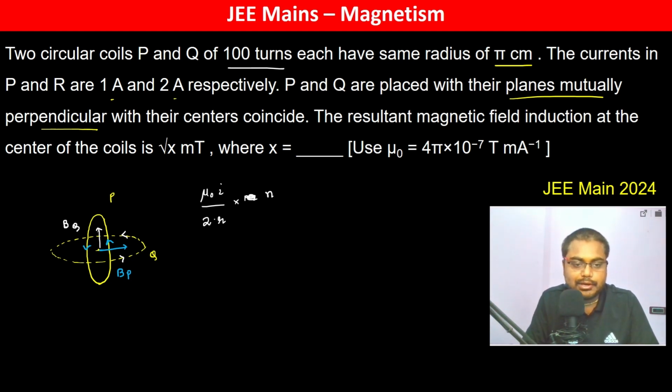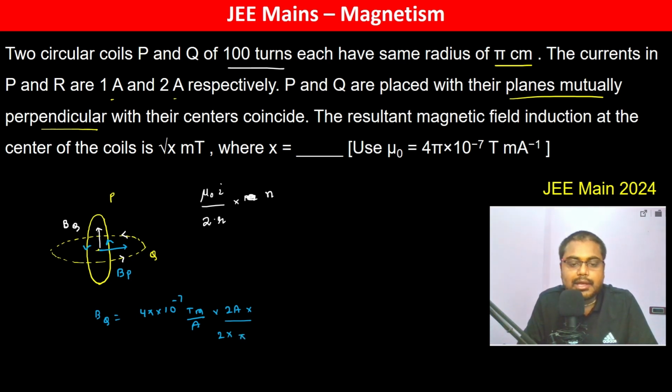So let us find out. The magnetic field due to Q becomes mu naught, which is 4 pi into 10 to the power minus 7 Tesla meter per ampere, into I. For Q it is 2 ampere, divided by 2 into r. What is r? R is pi centimeter.